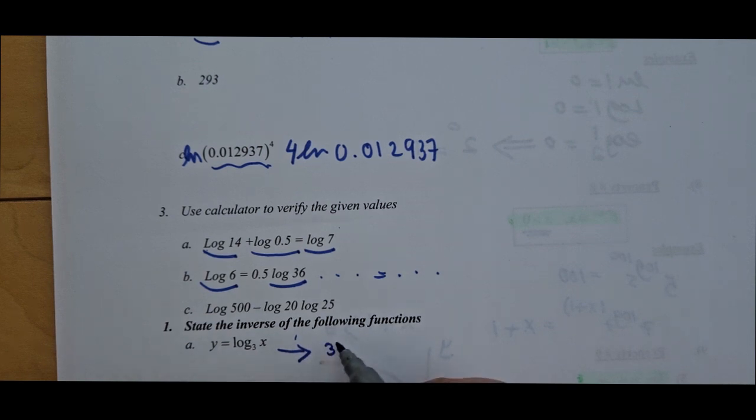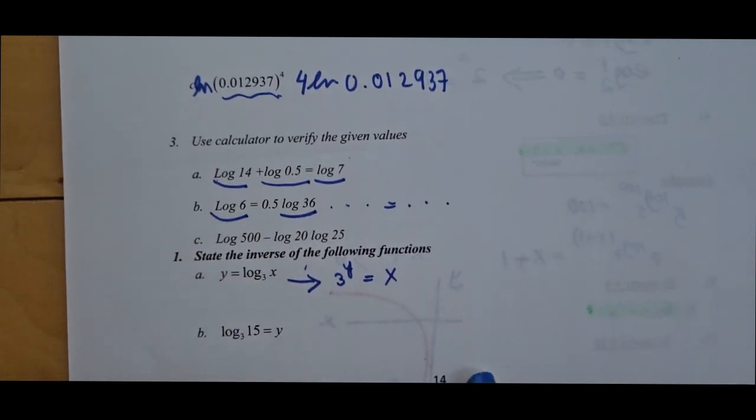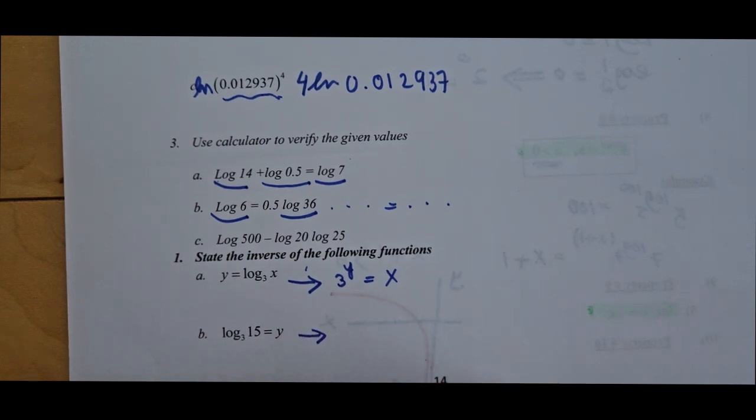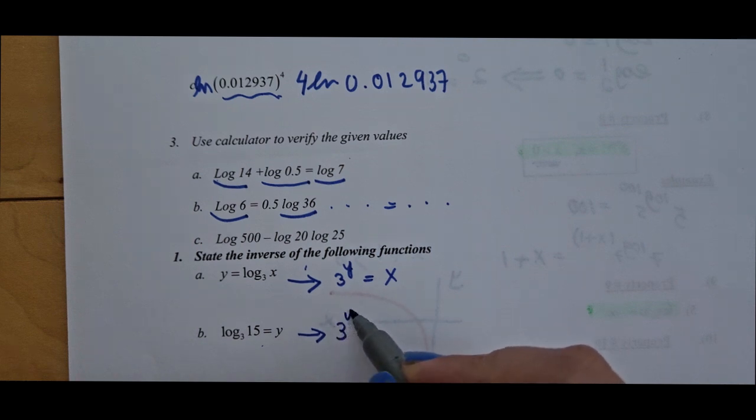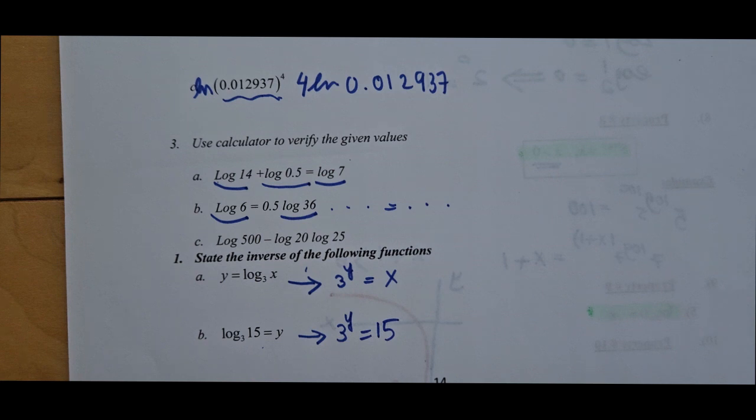I'll do the first one for you. 3 to the power y would be x. The second one here, again, the same thing, right? 3 to the power y. But this time it is 15. So these two sides, logarithm and exponent, they are the inverse of one another.